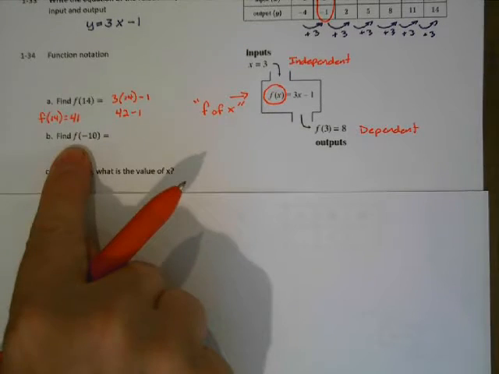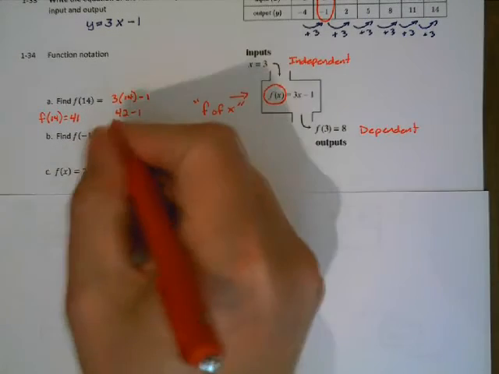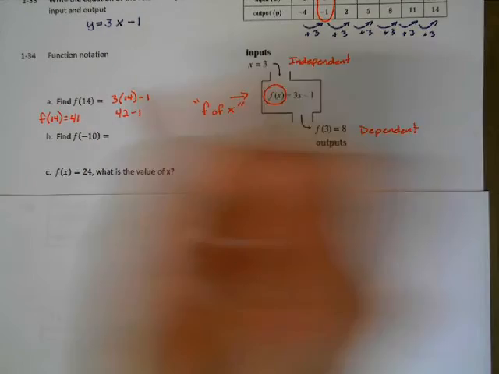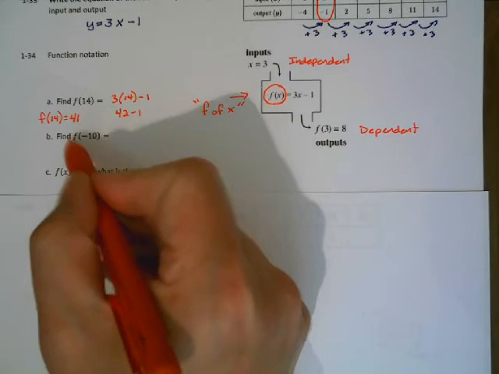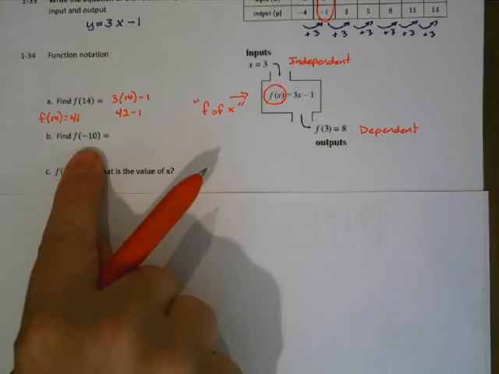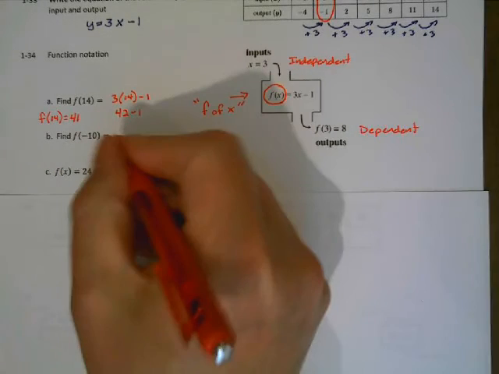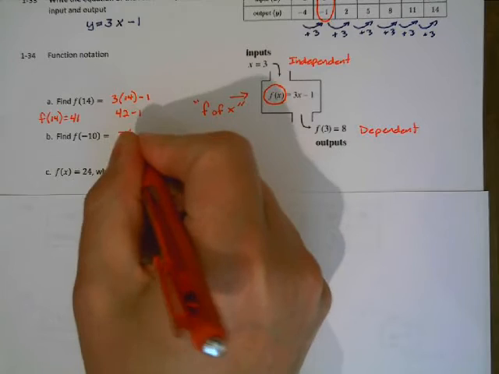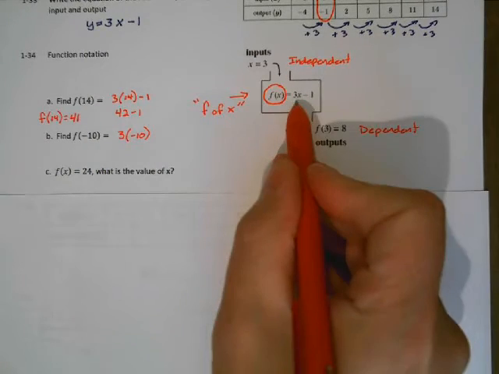Now let's look at the next one, f of negative 10. So f of negative 10 means that the x value is negative 10, and I want to find out what the output value is going to be when the input value is negative 10. So I do 3 times negative 10, because my function is 3x minus 1.